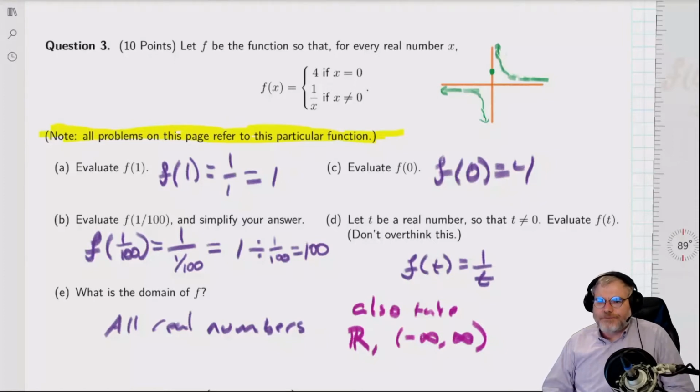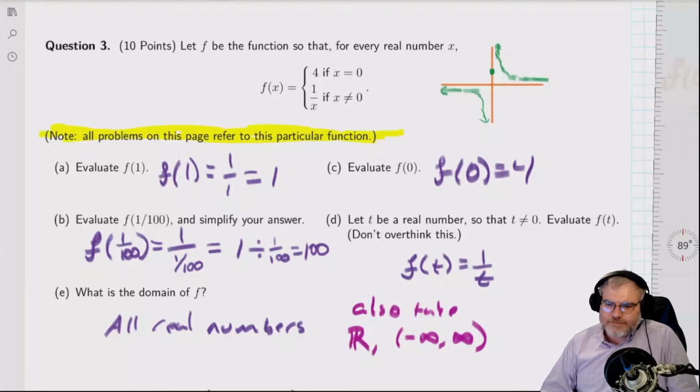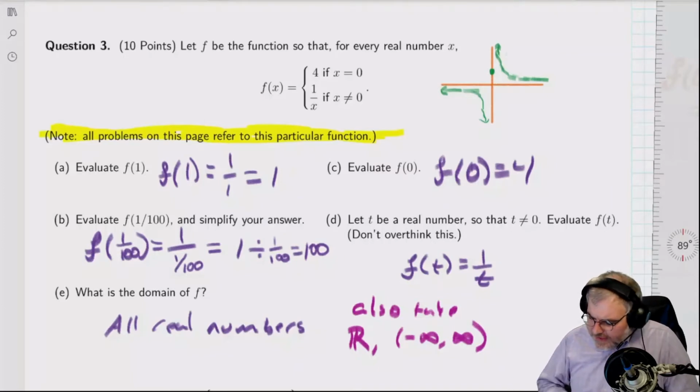There we go. So those first three parts, just subbing in for these things, doing the little bit of multiplication. All right. Feel pretty good about this.